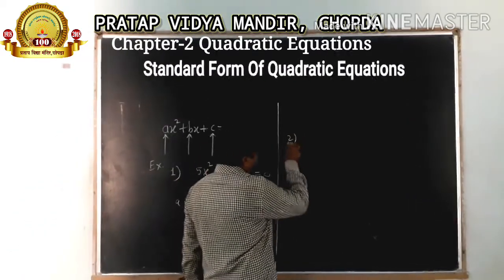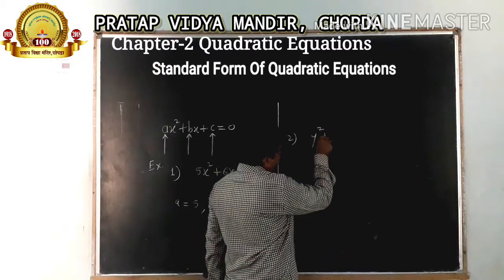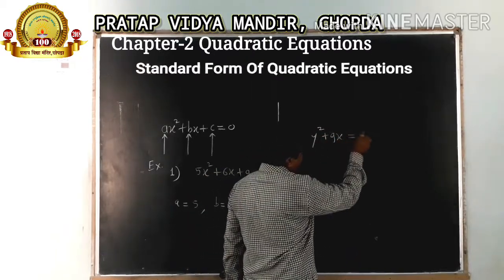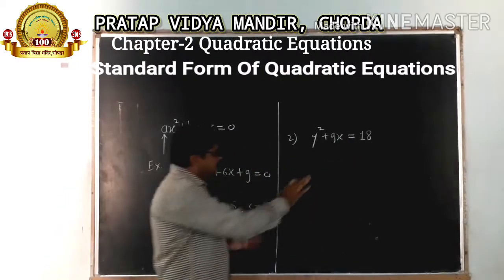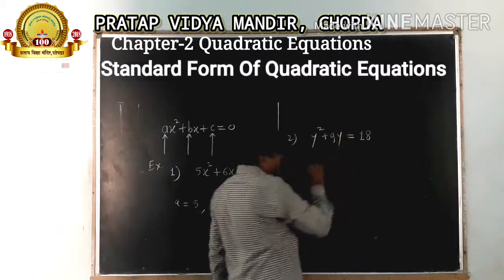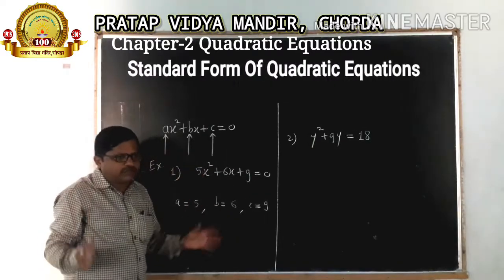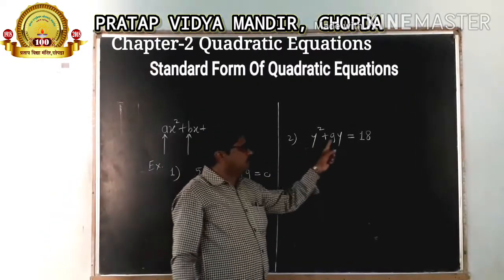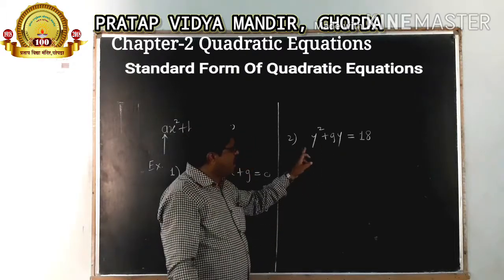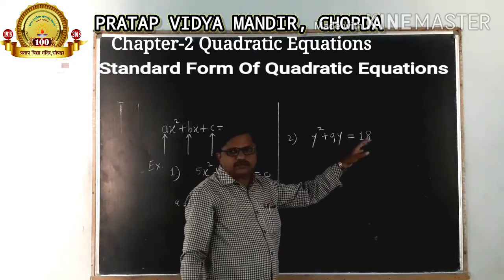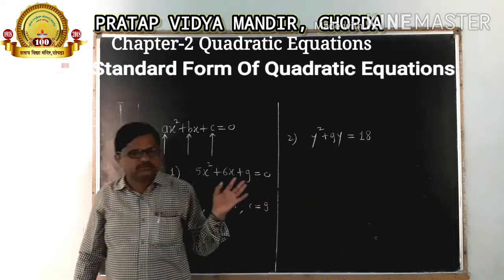See this example. This is y square plus 9y is equal to 18. This is another quadratic equation. In this equation, the variable is y. Observe this equation.